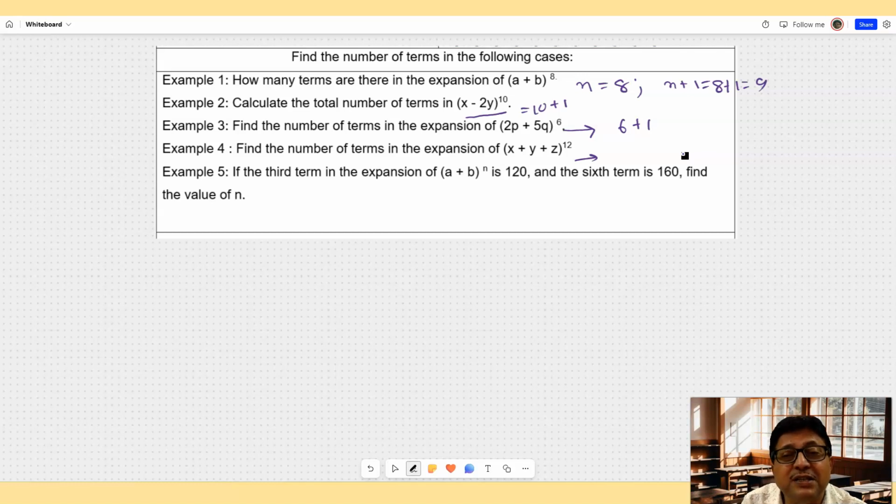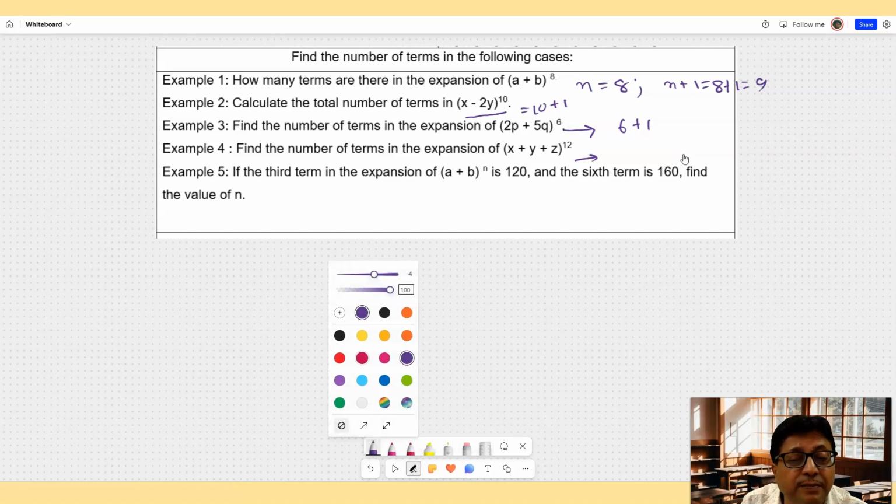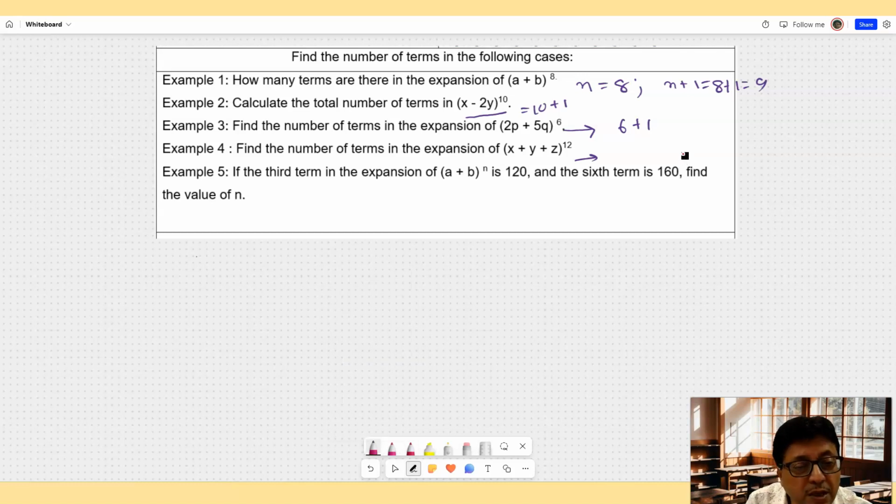But in this case, it is x plus y plus z to the power 12. How do you find number of terms? So let us start in this manner. It is x plus y plus z to the power 12. We are taking y plus z as one term and x as the other term. I mean x is the first term, y plus z as the second term.